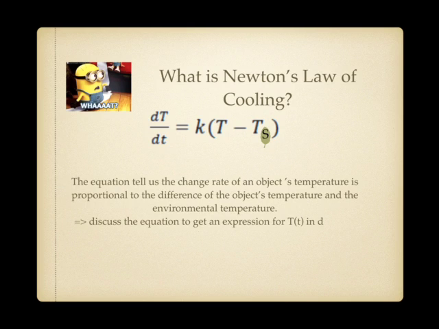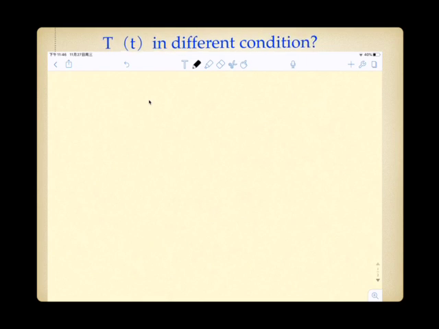Now, let's discuss this equation to get an expression for temperature in different possible conditions. We can write Newton's law of cooling as the derivative of temperature equals negative K times (T minus Ta). And we can divide by T minus Ta on both sides of the equation, and also multiply by dt on both sides, and integrate, and solve the integration to get the natural log.